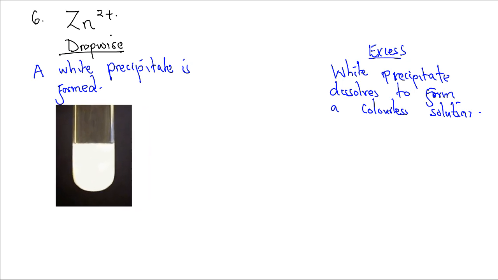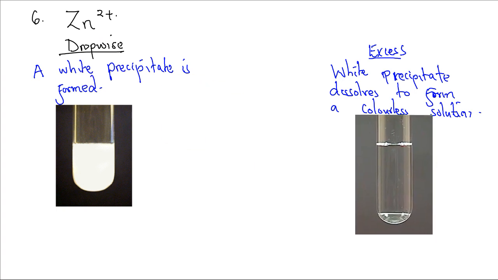Then in excess, the white precipitate dissolves to form a colorless solution. And we have said the colorless solution is simply due to formation of a complex.